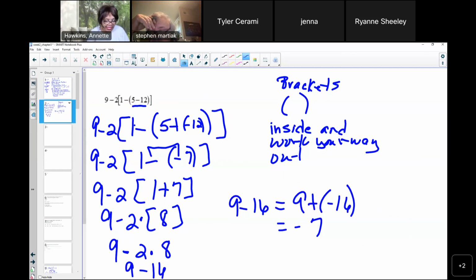Questions about that? Questions about this example? So we worked our way out, and then we finally got the answer.